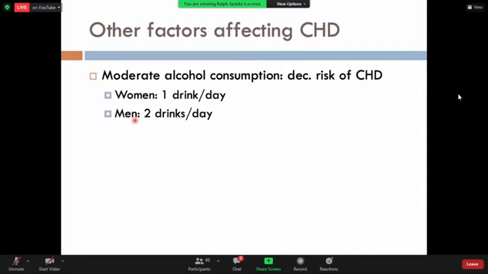And if it's a hard liquor, it's one shot, the 30 ml. For beers, it's the usual bottle of beer, about 300 ml, I think. So the recommendation is one drink for women and two drinks for men per day. Okay.